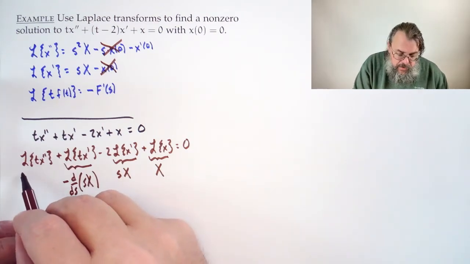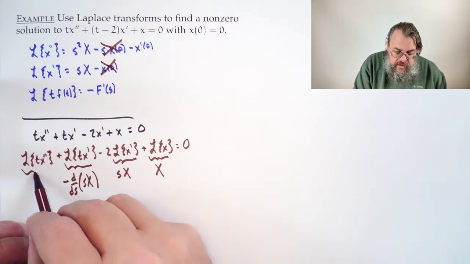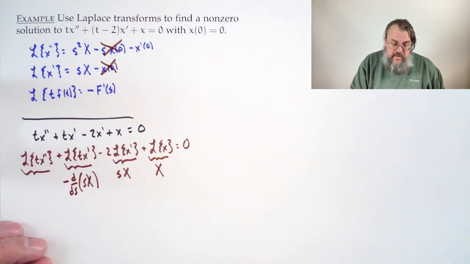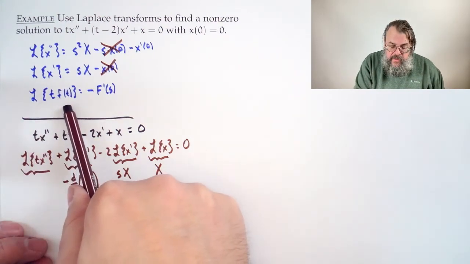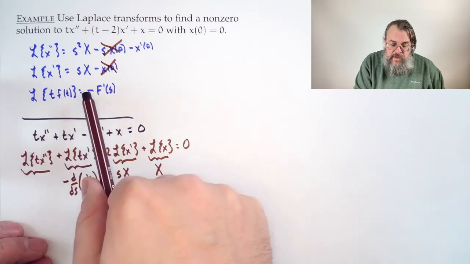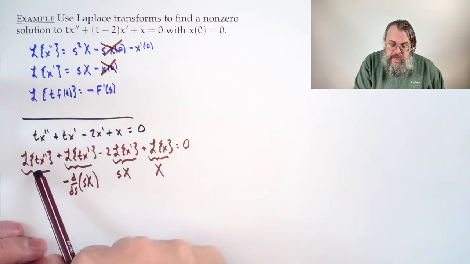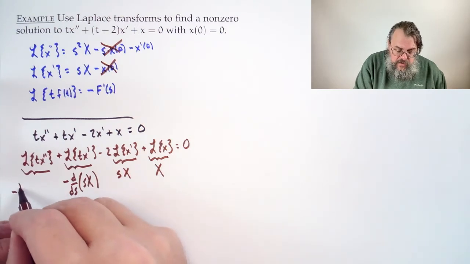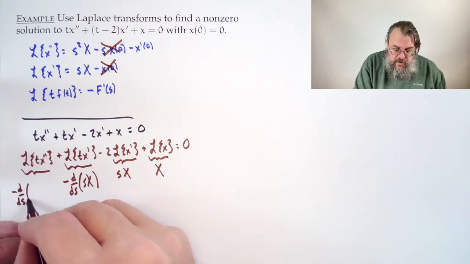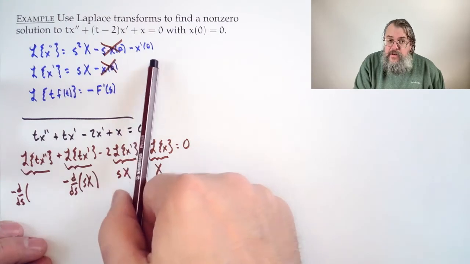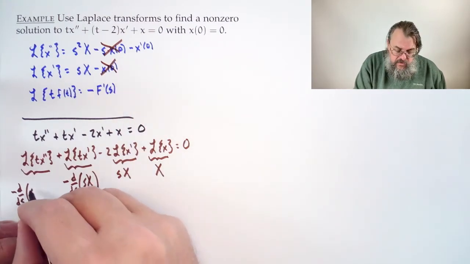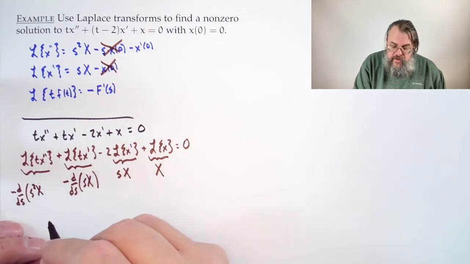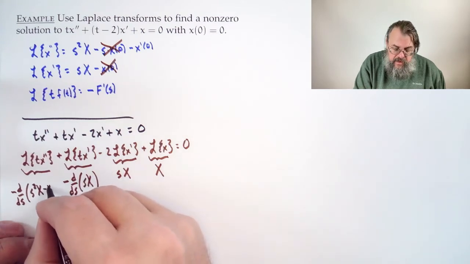What about this part? Well, same idea. So I have t times something, right? So it's going to be minus the derivative of what would happen if we just did that something. So this is minus the derivative of, up here, well, that's s squared X, and then minus x prime of 0.